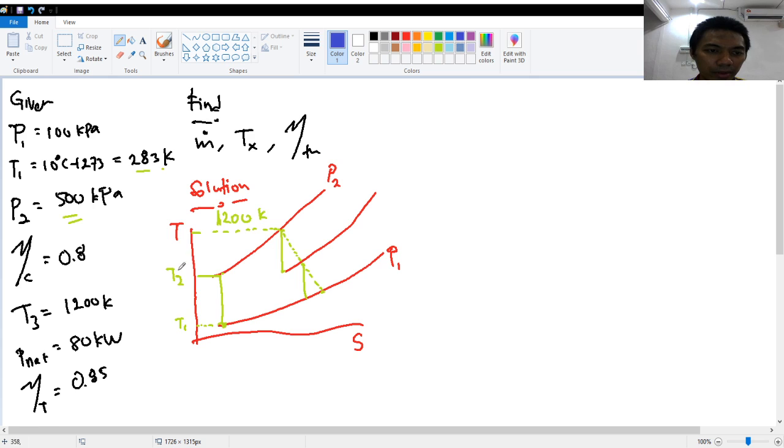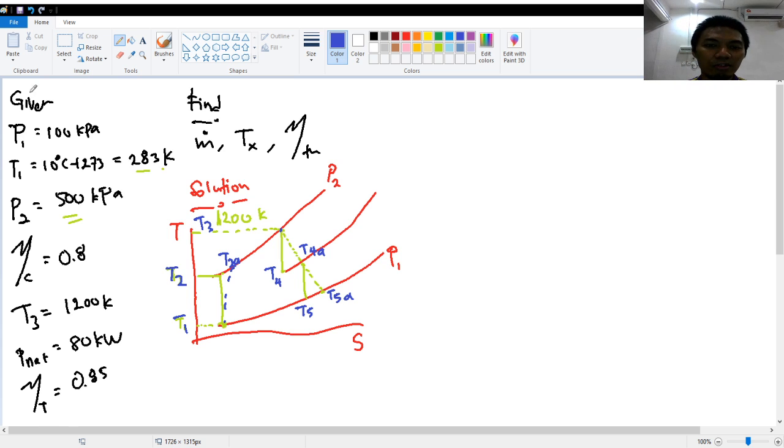So basically, let me write through again. This is T2, this is T1, this is T3, and this is T4. This is T3, this is T4, this is T4A, this is T5, this is T5A. Okay, you have value here for T2A. There. Okay, good.